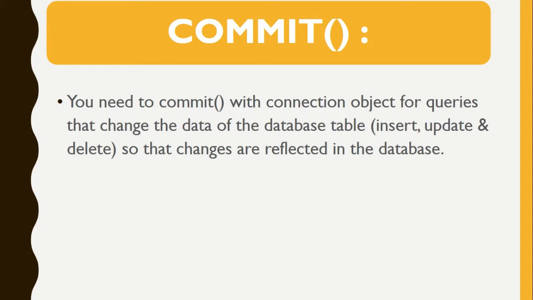The second point I want to add is that we need the commit command for insertion, updation and deletion. Earlier I told you that commit is used for insert and update, but I am adding that you need commit for insert, update and delete also. Keep that point in your mind.